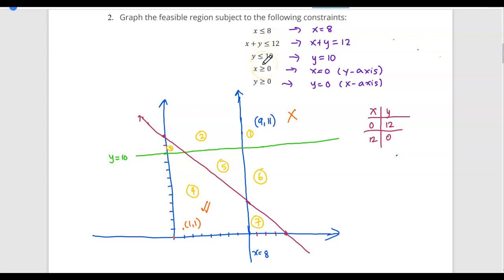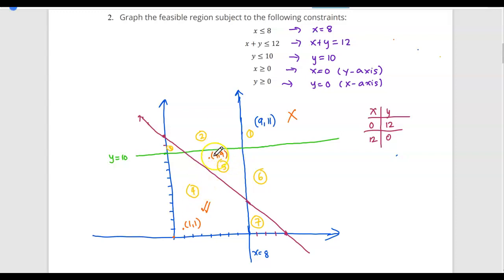Now just for the sake of curiosity, let's consider a point in region 5 and see if it's indeed not the feasible region. Say for instance, we consider the point 4, 9.